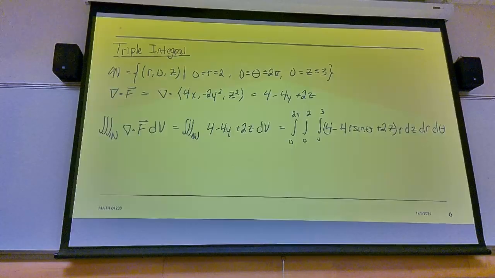That's right. Okay, that's right. It's 2 pi. And now there's no thetas. So you integrate with respect to theta, you're going to be able to factor out 2 pi. Yes.